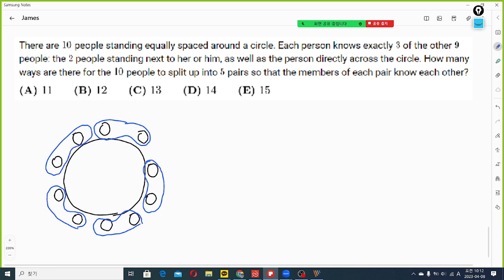So this is one possible case, and we can do the same thing with the other direction, the counterclockwise.